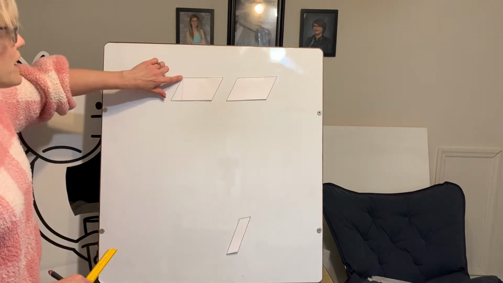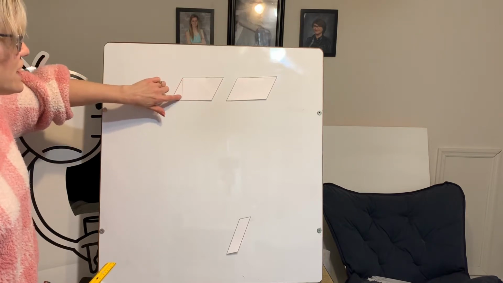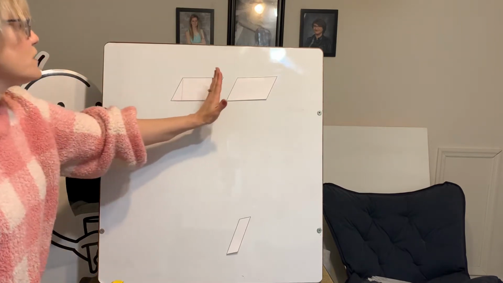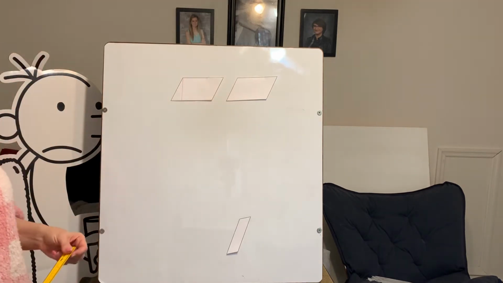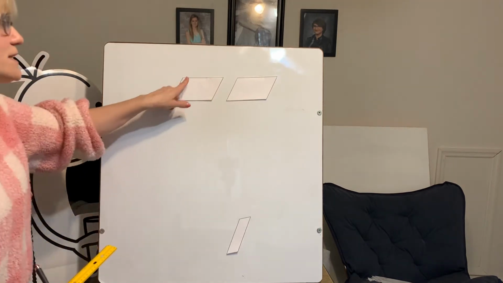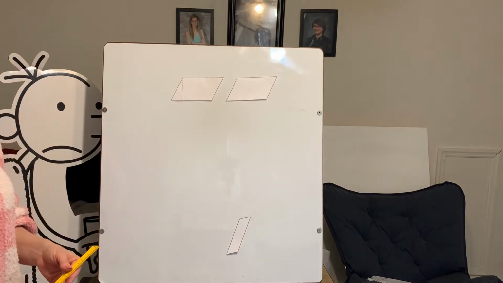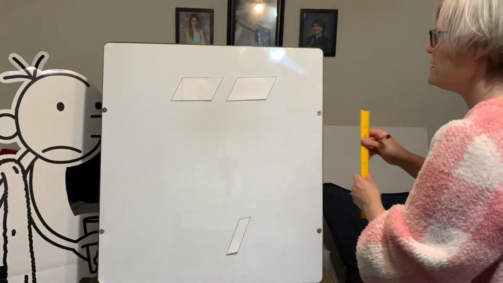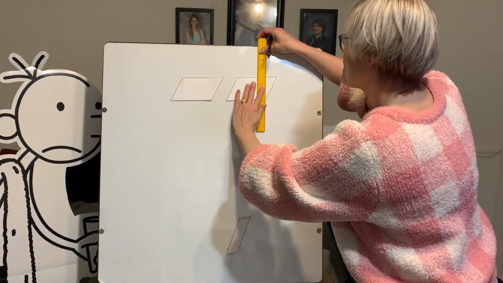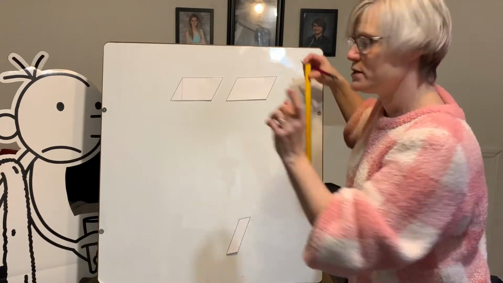Okay, so if I were to draw this line and cut this and move this over to here, I could create a rectangle. Now, is this the only place where I can draw a line? No, I can also draw a line on the other side. So I don't want you to draw the line on both sides. I want you to choose one.